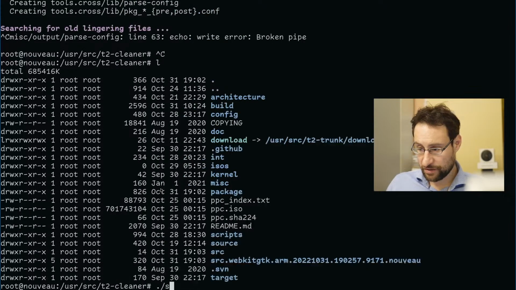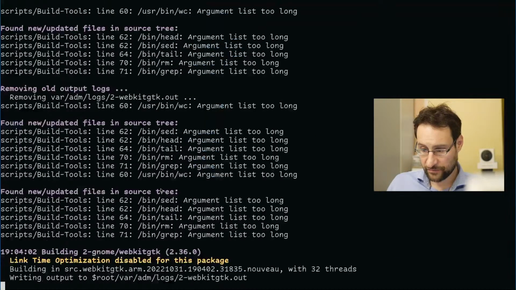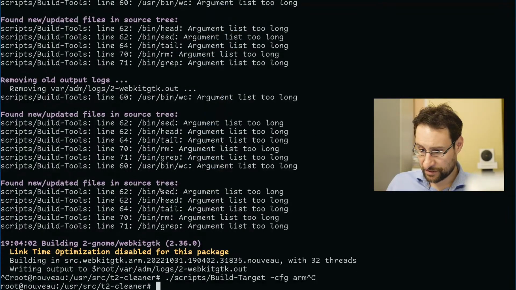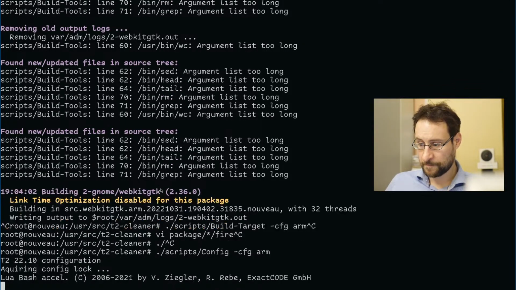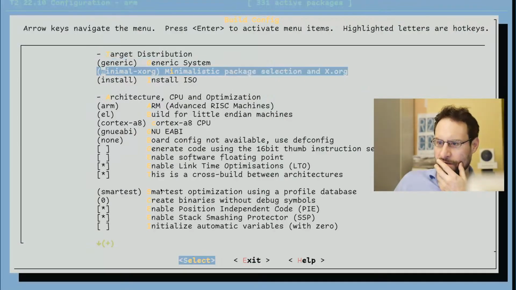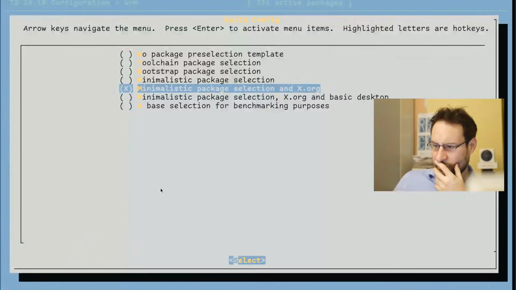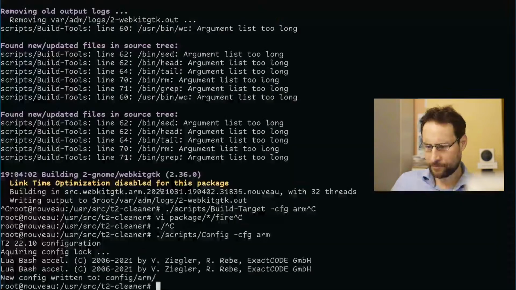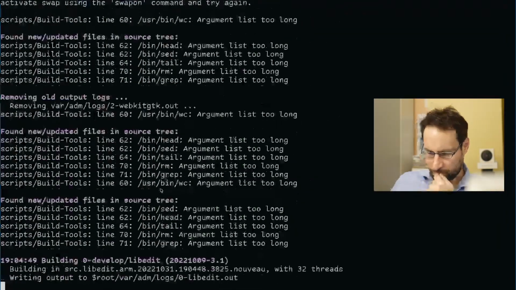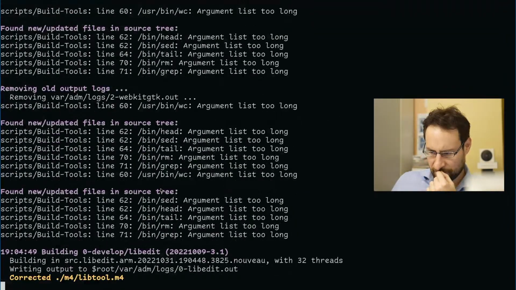So what else did we want to do except whatever is broken there? Wait a second, do we not build Firefox for ARM? Oh yeah, there is basic desktop. A little bit suspicious with this ARM stuff.